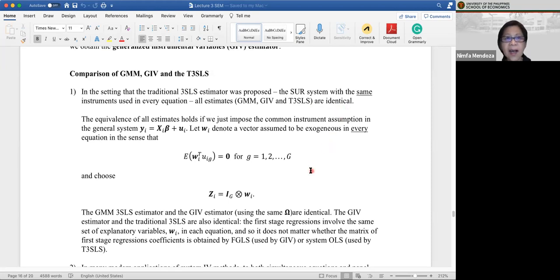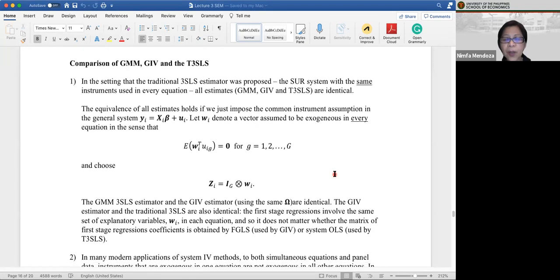Okay. The equivalence of all estimates holds if we just impose the common instrument assumption in the general system. This was our model. Let W sub i denote a vector assumed to be exogenous in every equation. So W sub i would be exogenous in every equation. So that can be the instruments, okay?